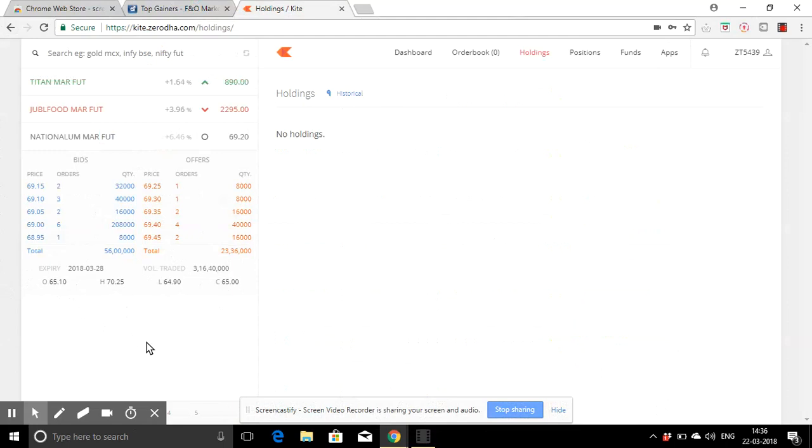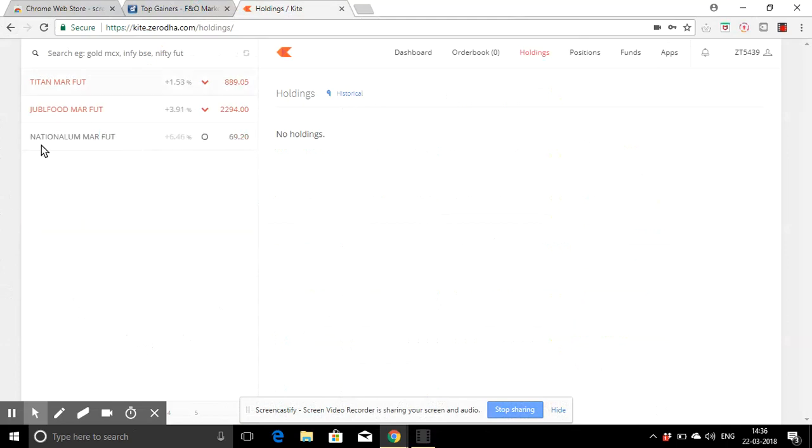But since the lot size is big, it would be risky to take such a big lot size. But this is good because it has a bid ratio of double, and it's almost at day's high. So yes, this can work out. So I would be tracking these three stocks.